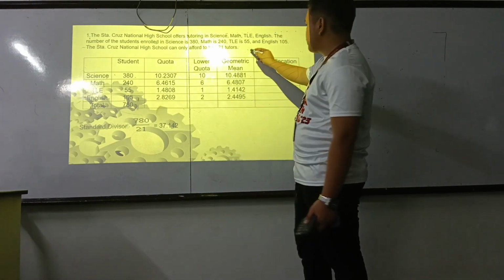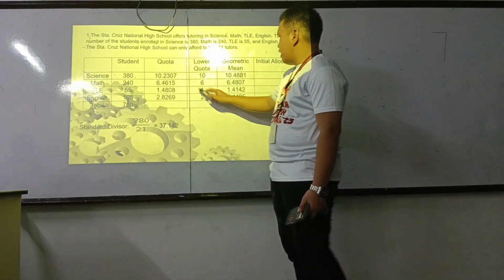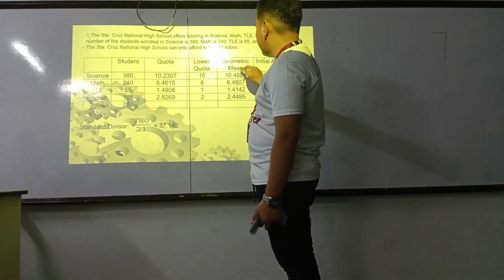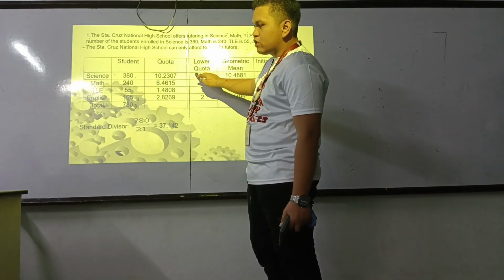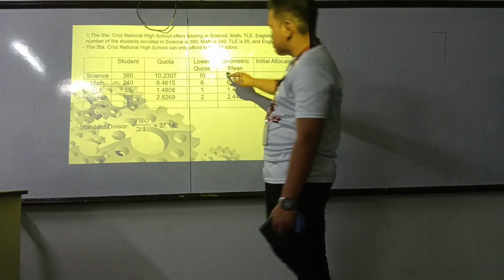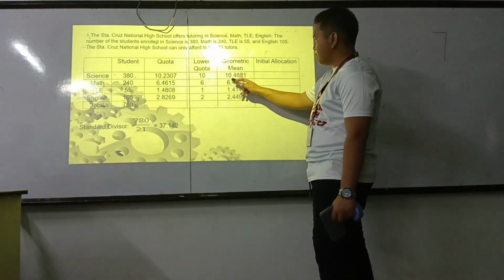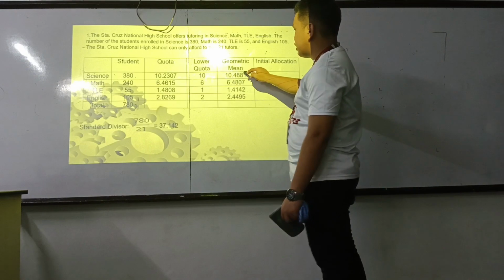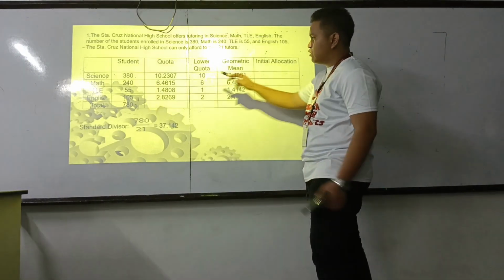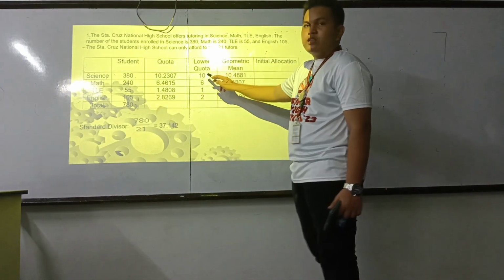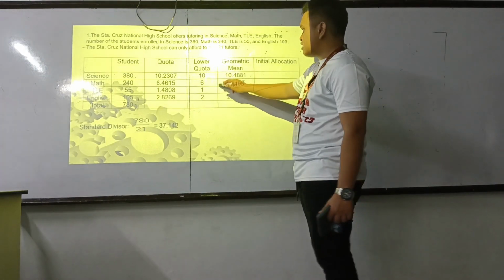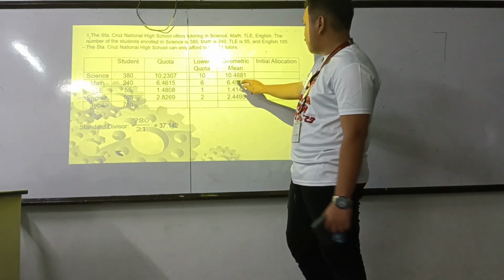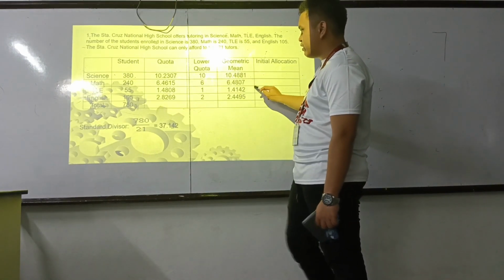And to find our geometric mean, the square root of 10 times 10 plus 1 is equal to 10.4881. This is the geometric mean of science. And the geometric mean of math is the square root of 6 times 6 plus 1, which is 6.4807.